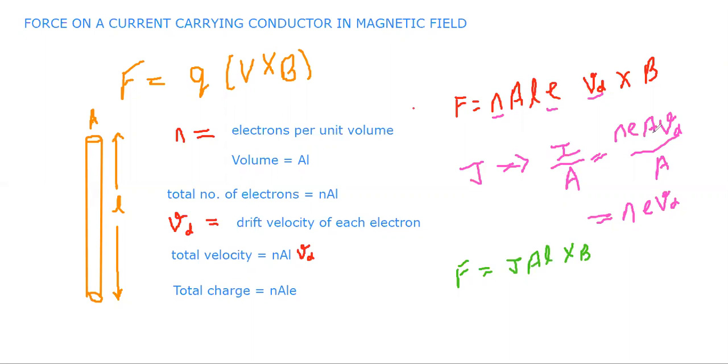A and A get cancelled out, so J is also equal to NeVd. So you can replace N, e, and Vd by J. If you do this replacement, you get F = J A L cross B.